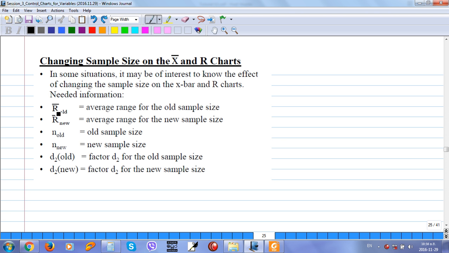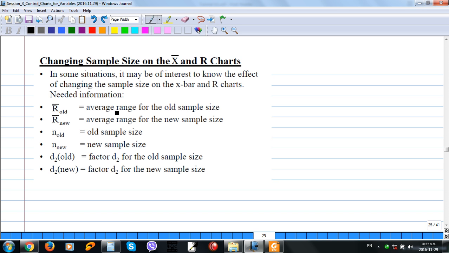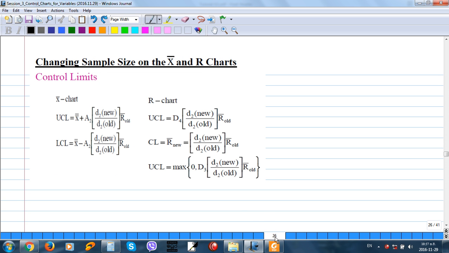To find this we need R bar old and R bar new, n old and n new, and d2 old and d2 new. If we know these values, we can do the calculations to find the new X bar chart and R chart.